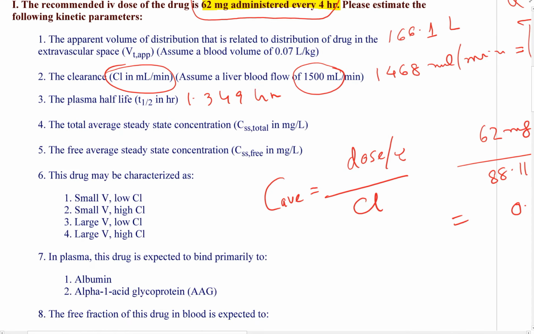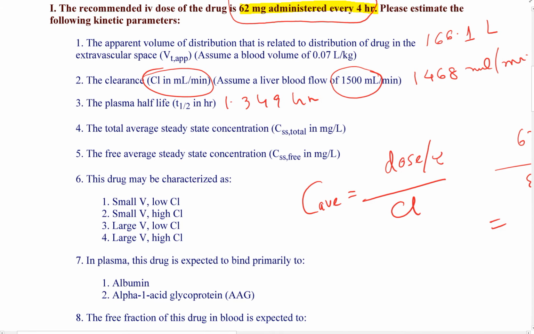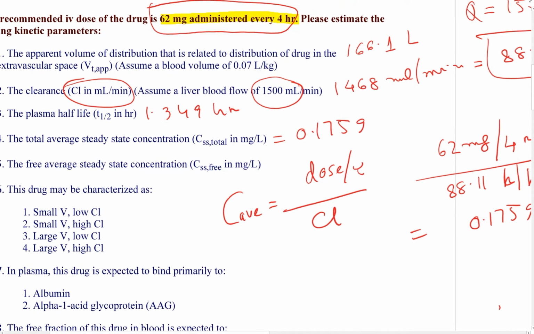So that is going to give us total average steady state. It's going to be 0.1759 milligram per liter. Remember this.